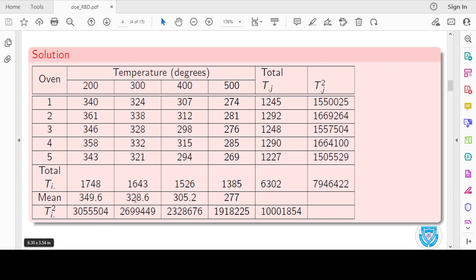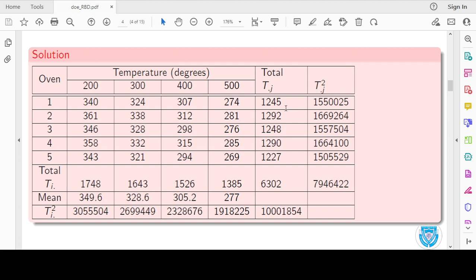Then we obtain the means, dividing each treatment total by 5 observations. These are the treatment means, which we require for testing whether specific treatment means differ significantly.